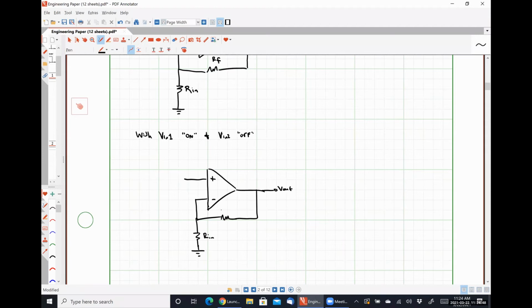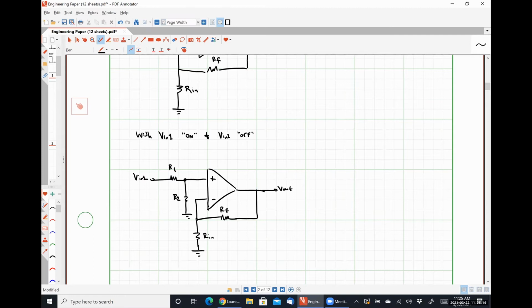So here's RN, here's RF, here's R1, here's VN1, and here is R2. Right? So this is with VN1 on and VN2 off or shorted to ground.